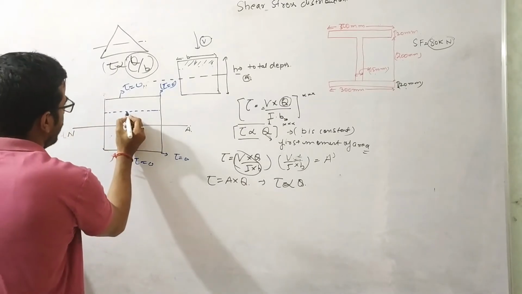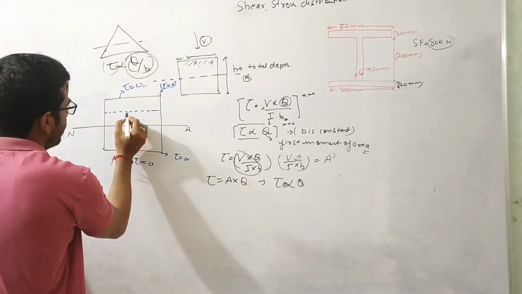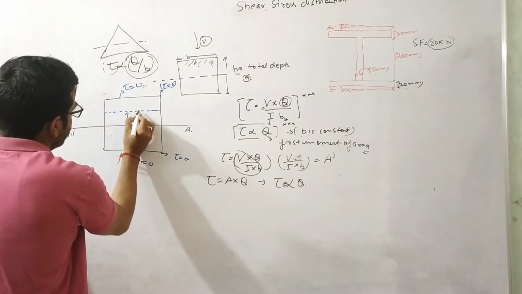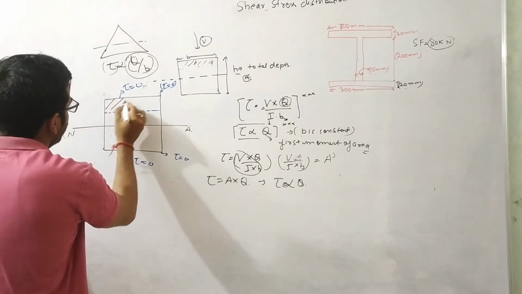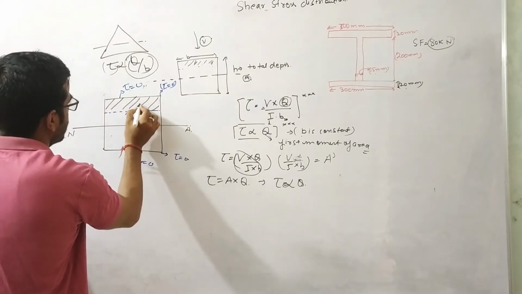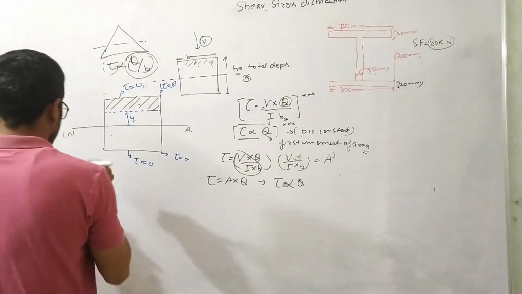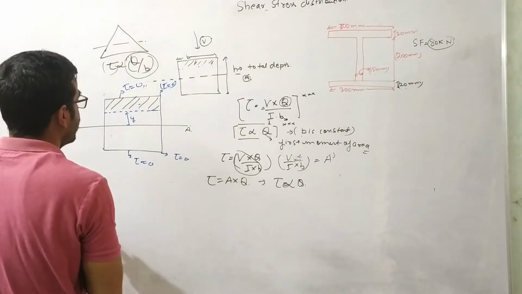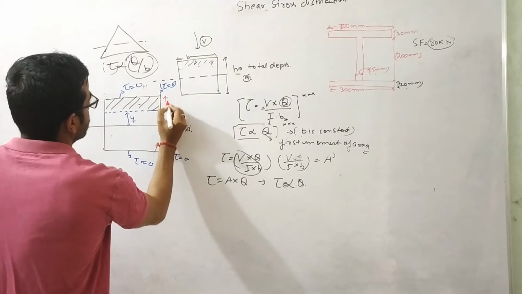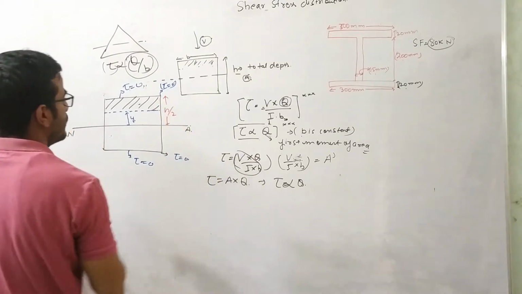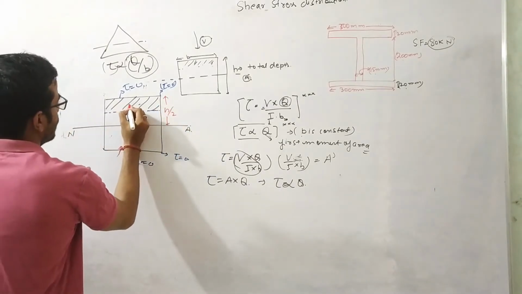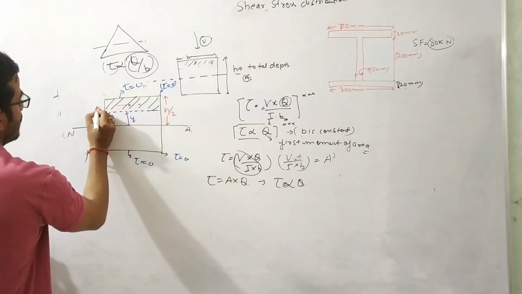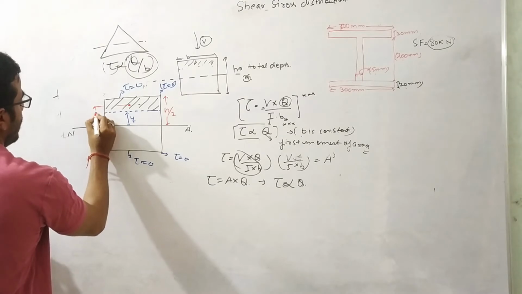If I want to find shear stress at this level, I need to take the first moment of area of this portion. What will be the height of this cross section? The height will be h by 2 from the neutral axis, and this is, let us suppose, the centroid of this portion, which is y bar.